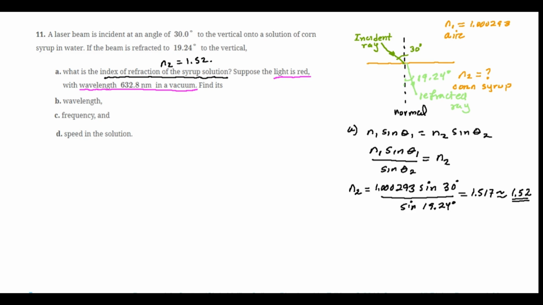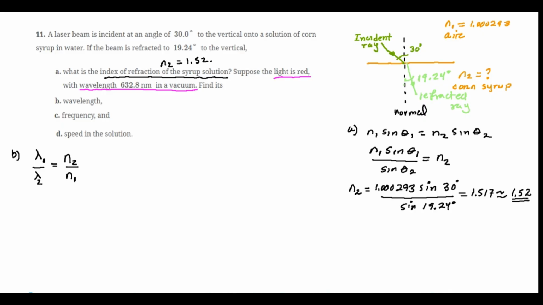Now, one of the expressions that we discussed in the lecture is a formula for the relation between wavelength and index of refraction for two mediums: the wavelength of medium 1 over the wavelength of medium 2 is equal to the index of refraction of medium 2 over the index of refraction of medium 1.